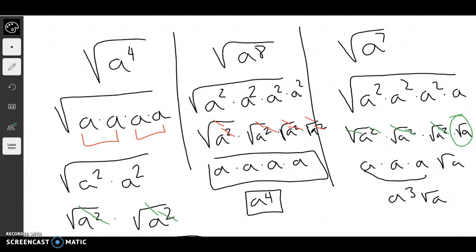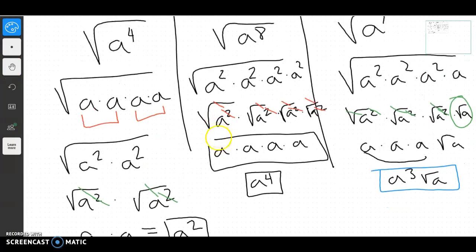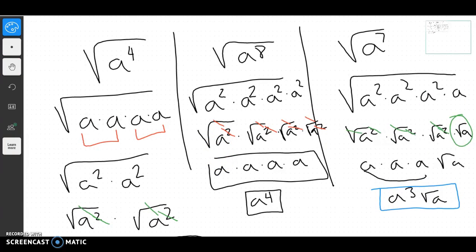And if you're looking carefully, it looks like square roots are dividing exponents by 2. Because a to the 4th became a to the 2nd, a to the 8th became a to the 4th, and a to the 7th became a to the 3 remainder 1, since 7 divided by 2 is 3 remainder 1. So there is a faster way. We're going to use this method today, though, and think about how many a squareds make up this exponent.